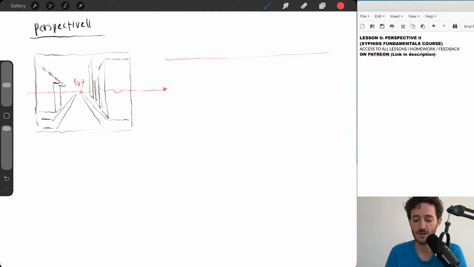If we have a horizon with 2 points on it, maybe one's here and one here. And we can start drawing lines that converge to the vanishing points, like so.